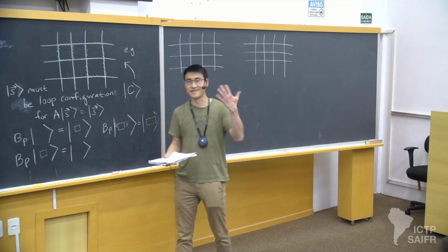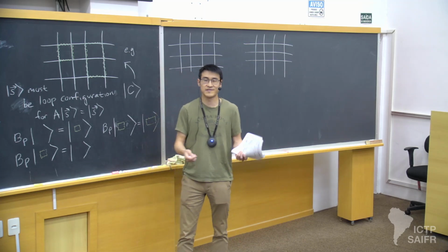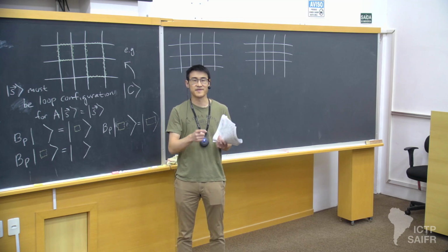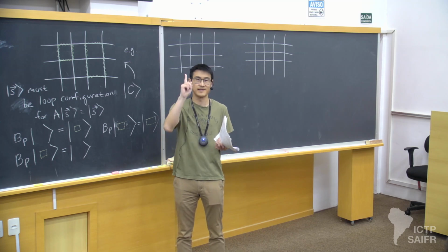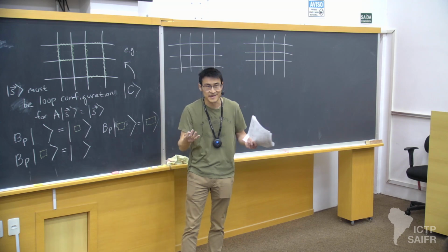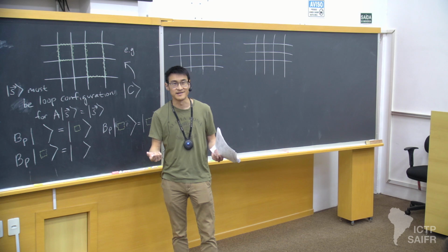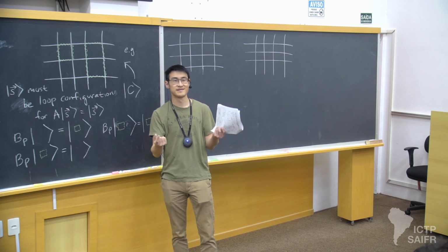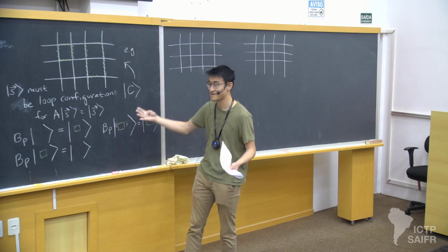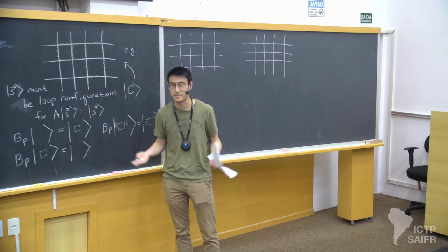Again, the simplest example of this is, say you have just a single Pauli X operator, and X flips spin up to spin down to spin up. So an eigenstate of X with eigenvalue 1 is just the superposition of up plus down, right?